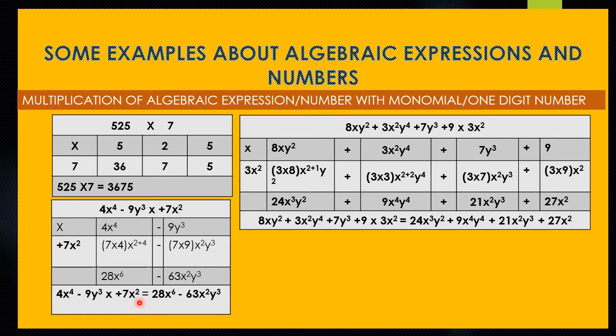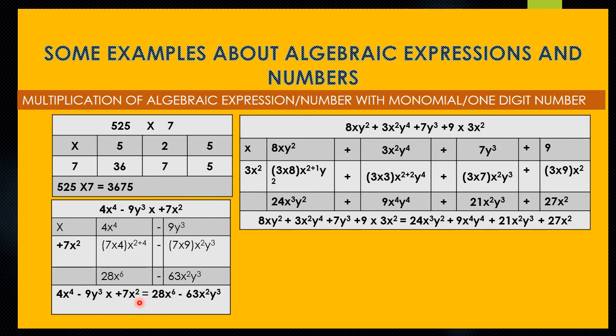Now while multiplying 7x² with 9y³, we have to multiply the coefficient 7 with 9, and we have to multiply the variables. Here the variables are not similar, so their exponents will not be added.